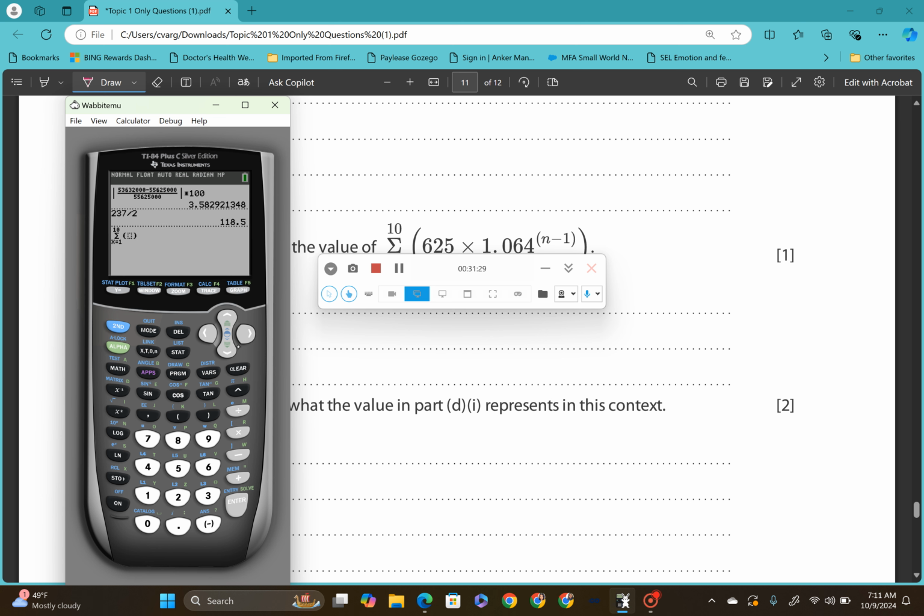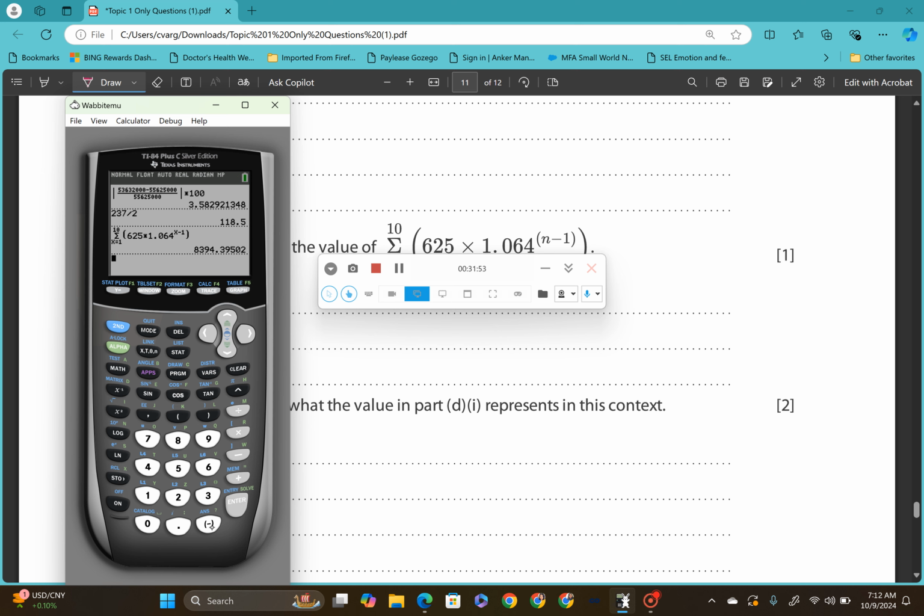So we do 625 times 1.064, right? And this is raised to the, you see what I'm doing? And then instead of n, I used x, so we're going to do x minus 1. And we're just going to hit enter.